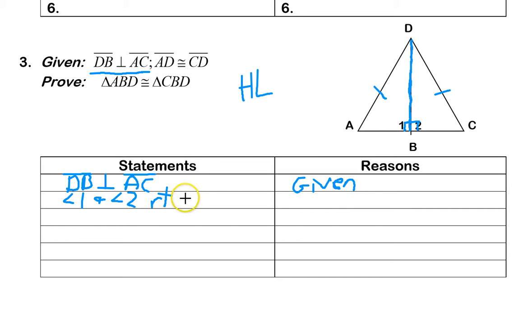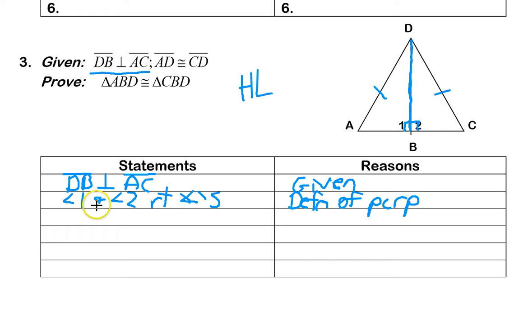I'm going to put RT, I'm going to shorten everything, right angles. Okay, our reason here would be, well, that's the definition of perpendicular. If you have perpendicular lines, you know it makes right angles. So let's say that is the definition of perpendicular. I'm going to say perp.